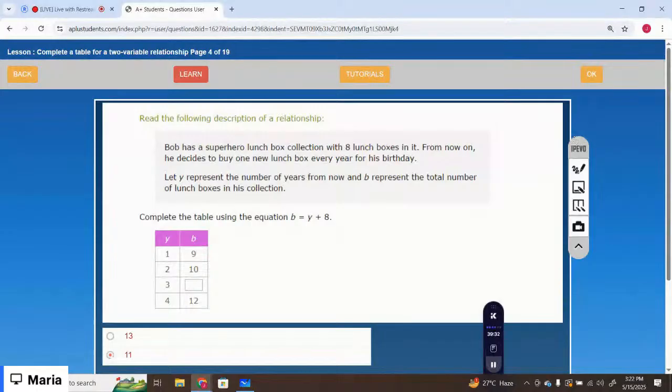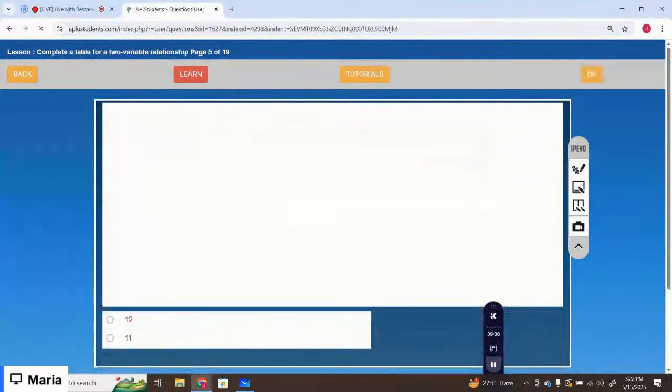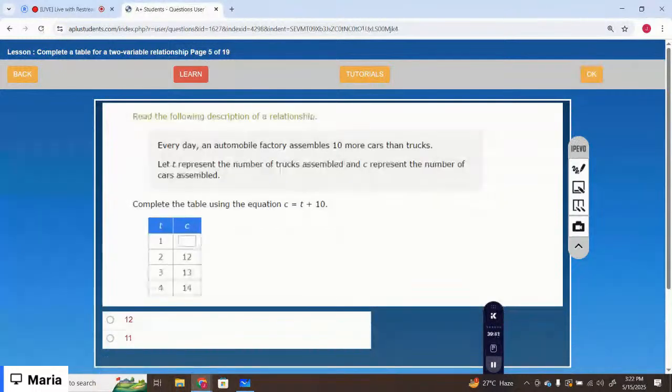So your missing number is 11. Option number 2 is the correct option. Complete the table using the equation C equals T plus 10. So which is the correct option?